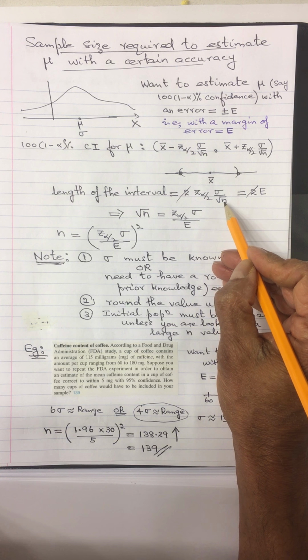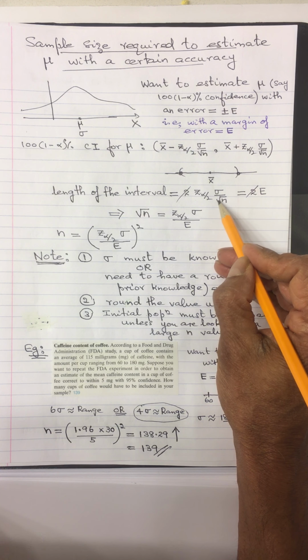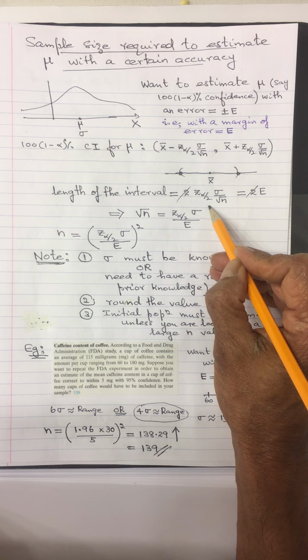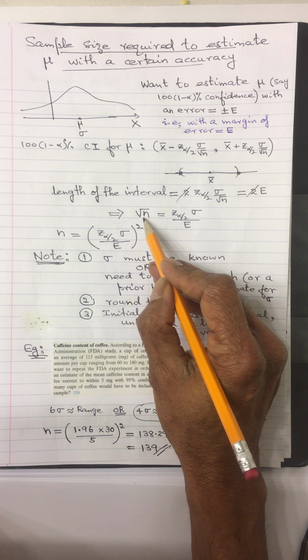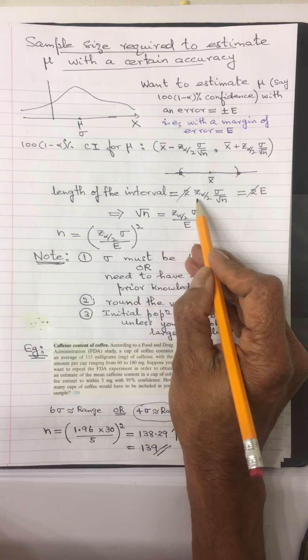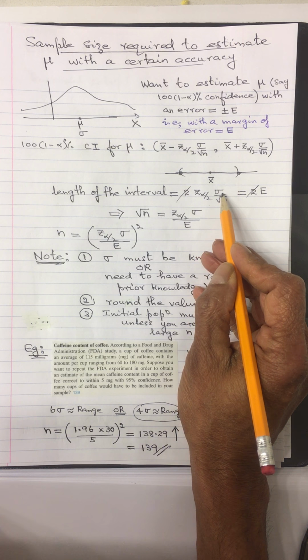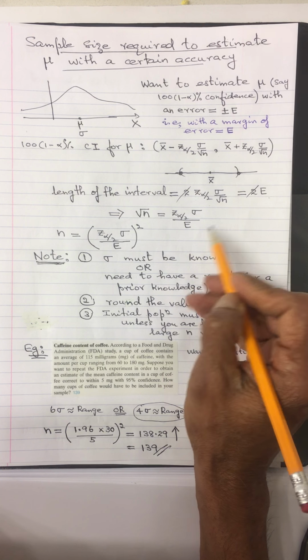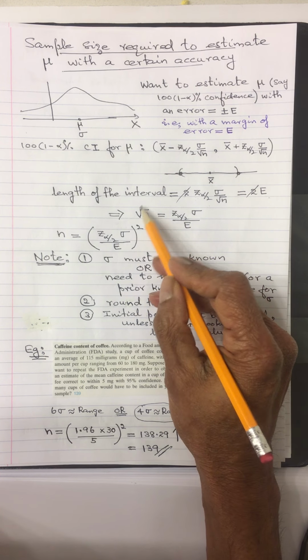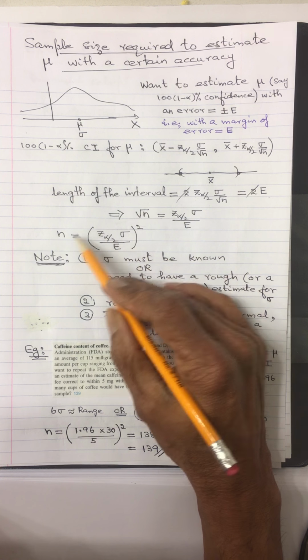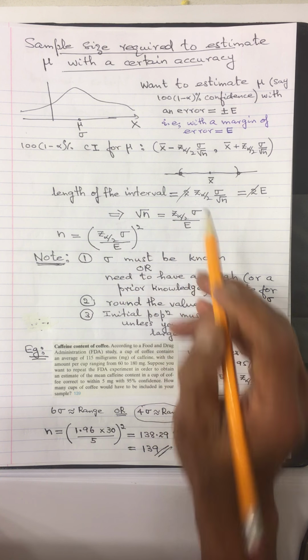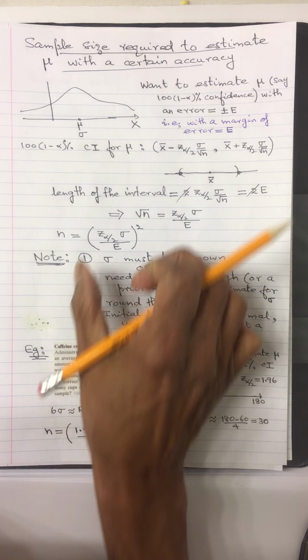If you put the square root of n on one side and the E down here, the square root of n should be equal to the z table value times sigma divided by E. So n is that quantity squared. This is the formula.